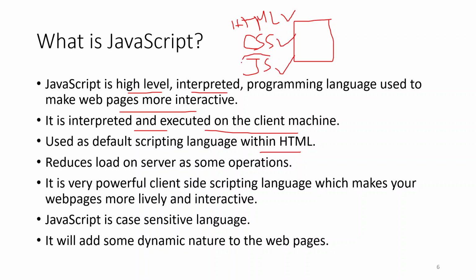JavaScript is hosted by the HTML, so inside the HTML we write the JavaScript code, and also CSS code. Suppose there are 100 operations we are doing, and for every operation we call the server, then there will be a lot of load, right?